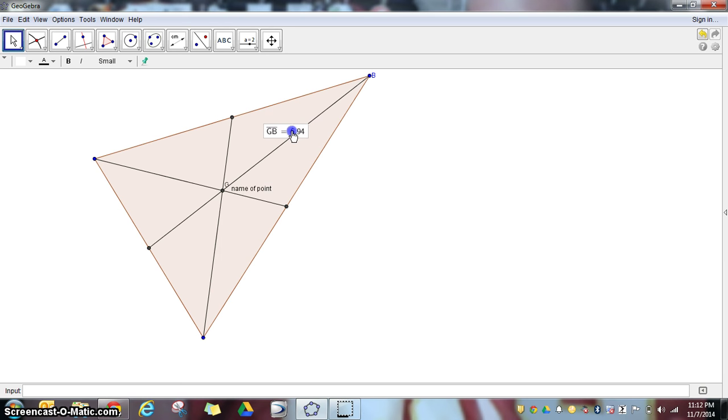Alright, I'm going to move that so that I'll just probably put it right there on that line. Now I want to do the same exact thing with this line segment on this end. So I'm going to click the point of concurrency and the midpoint of that side, and you can see there is the actual distance of that line segment in units.